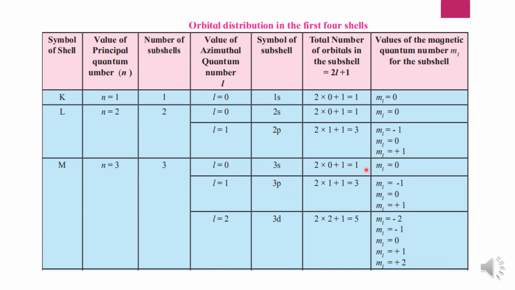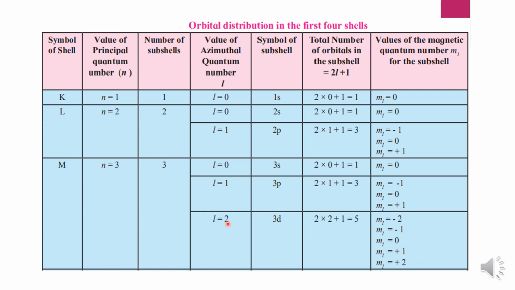According to this formula, we have the orbitals in s, p and d as 1, 3 and 5 respectively, and these would be the values of the magnetic quantum number according to the formula minus L to plus L. If I need to calculate for L equals 1, minus L to plus L means minus 1 to plus 1, so the values are minus 1, 0, plus 1.